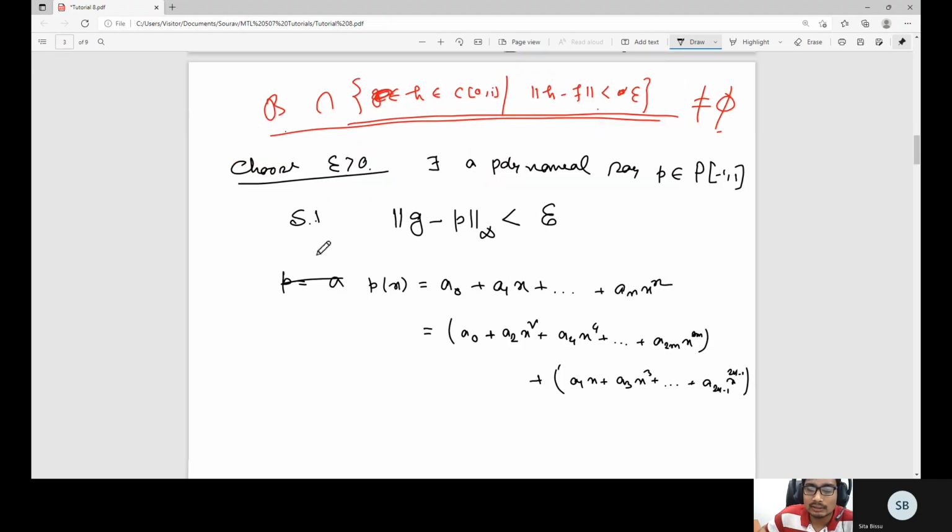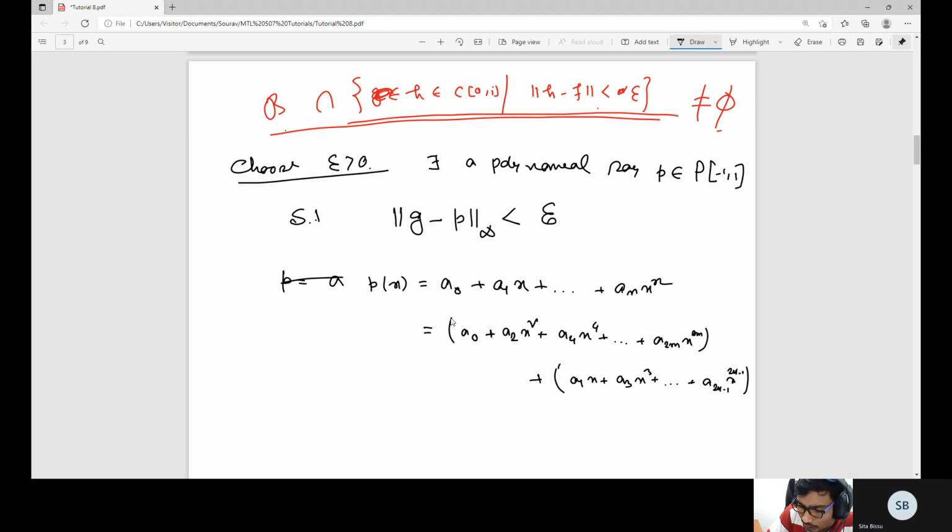Fine. You can write it in this way, where either 2m equals n or 2k minus 1 equals n.